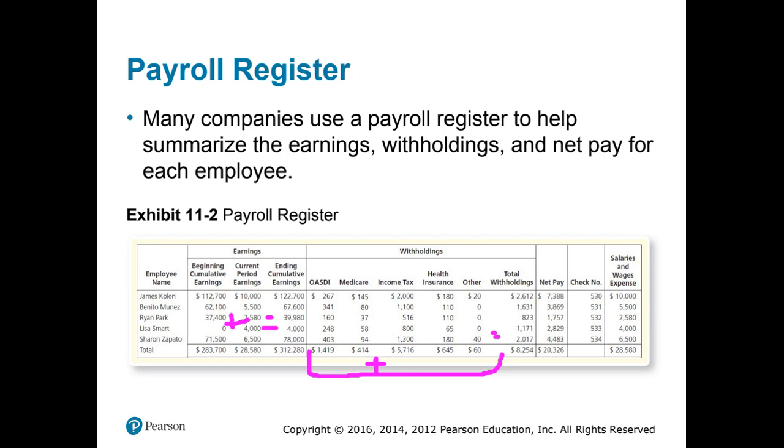If they tell you that your current period earnings is $10,000 and your total withholdings is $2,612, you're going to take the current period earnings minus your withholdings to equal your net pay of $7,388. So current period earnings minus total withholdings equals net pay.